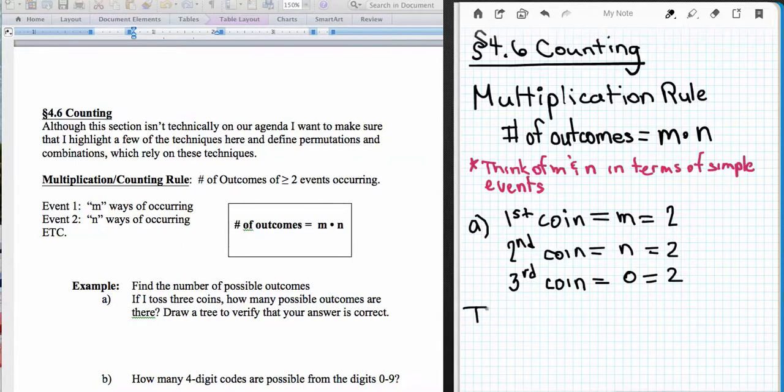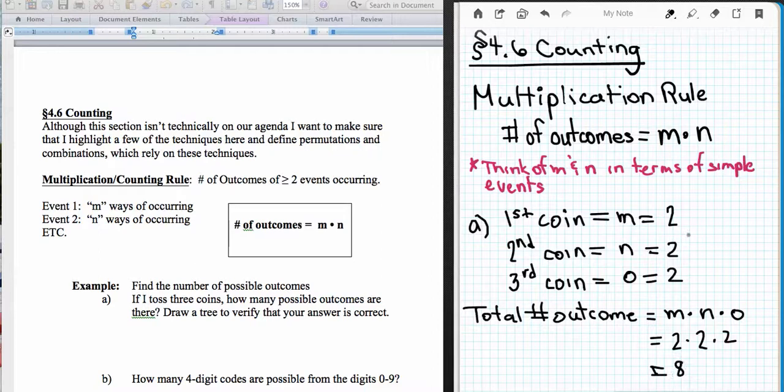So the total number of outcomes is going to be the product of the number of ways that the first coin can turn up times the number of ways the second coin can turn up times the number of ways the third coin can turn up, which is going to give us 2 times 2 times 2, which agrees with what we saw as being 8 possible outcomes.